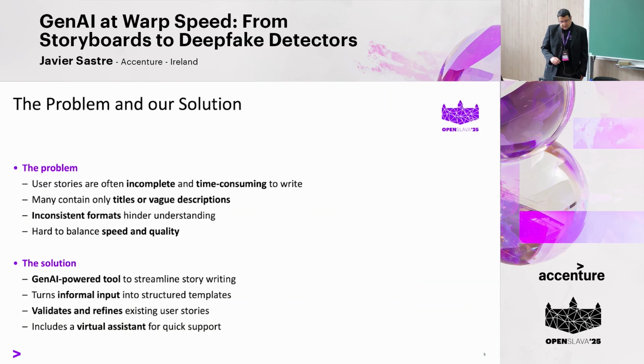Okay, so this problem started with a client that had this issue on how to manage to get all your team to follow a particular template when writing the user stories, to make sure that all the user stories have all the different sections and information that are relevant in order to properly understand the user stories, because it's not unusual that when the same developer that is going to execute the task is the one that is writing the user story in the JIRA board, they may only write a title and there would be not even a single description.